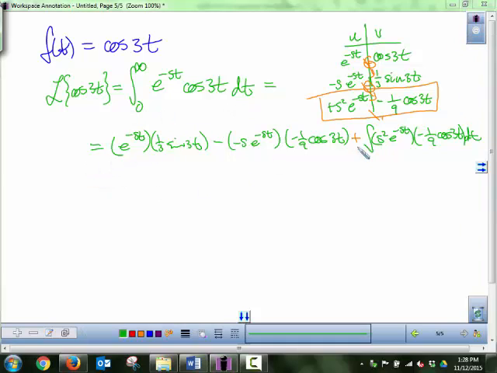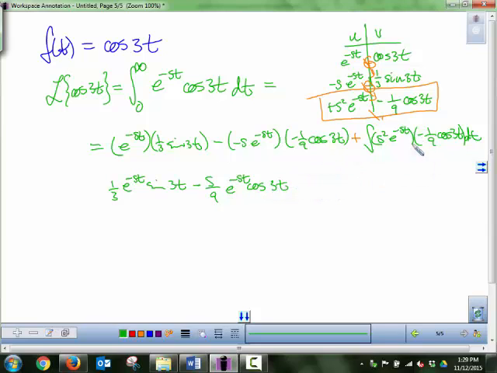So what I have is, if I filter things out of this, let me see, let's simplify this first. We have 1/3 e to the negative st sine 3t plus, or minus, minus, and a minus. There's 3 minuses here, so I'll say negative s over 9 e to the negative st cosine 3t.